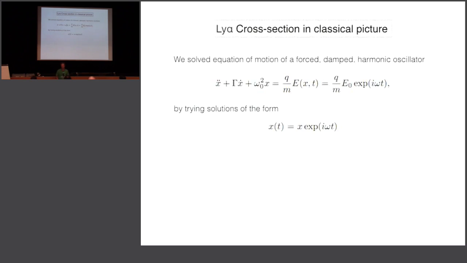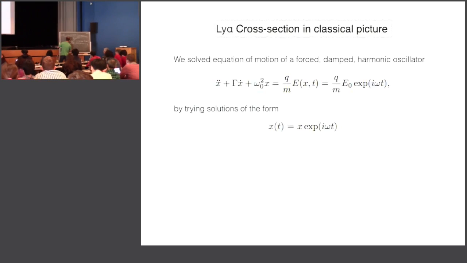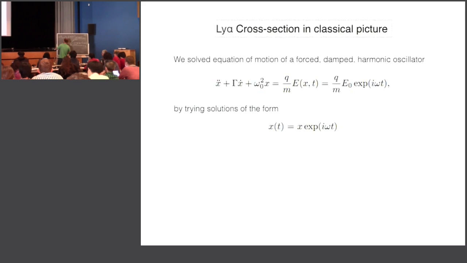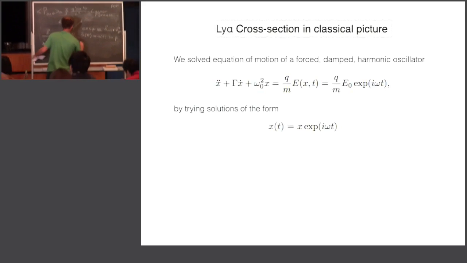So we're going to try solutions of this particular form, and I'm going to just do one step here. The only thing you have to calculate now is, once your solution takes on this form, x(t) equals x times e to the power i omega t, your first derivative would just be x times i omega times exponential e^(i omega t).